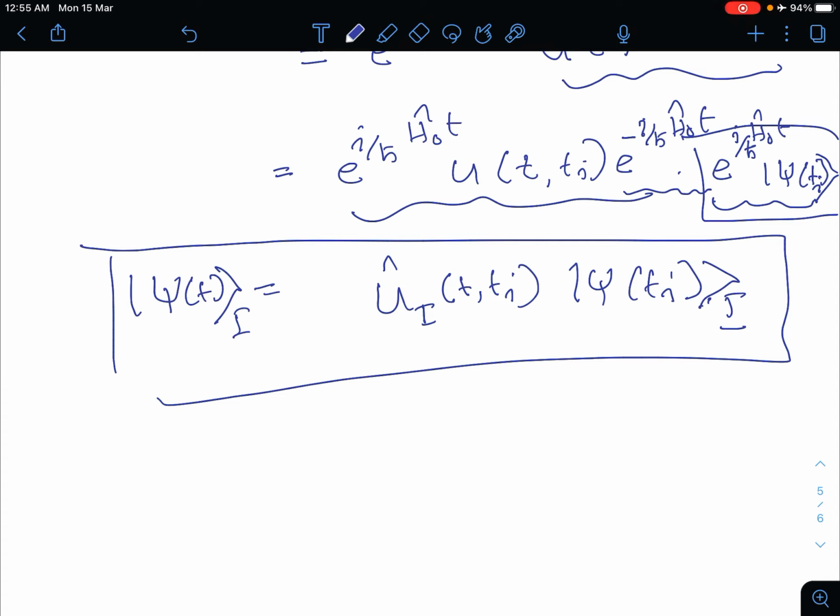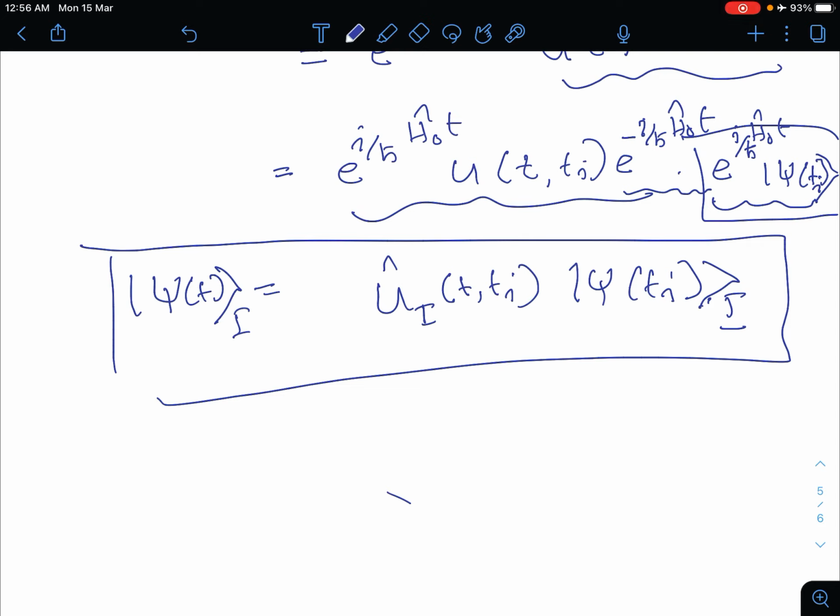So now this is the beginning of the perturbation theory, time dependent perturbation theory.